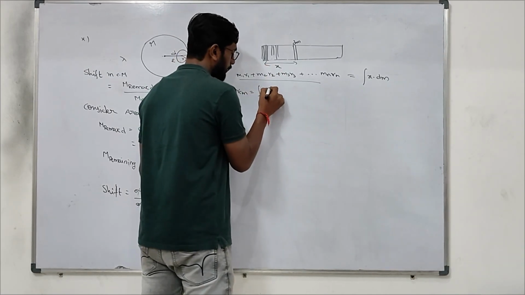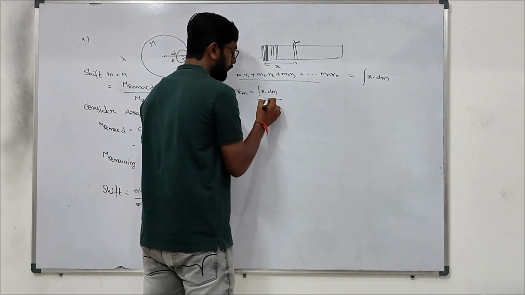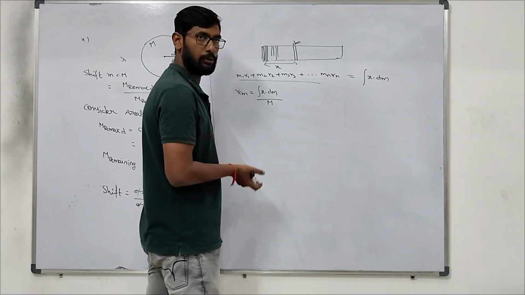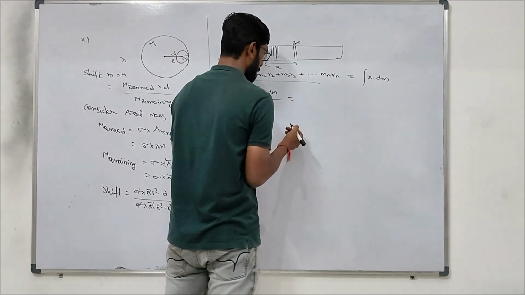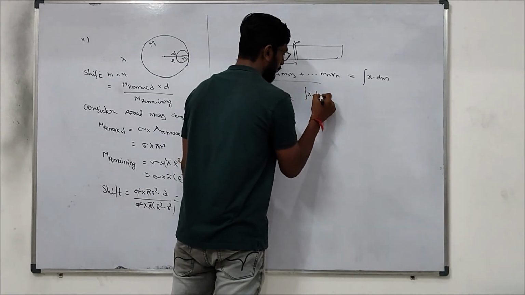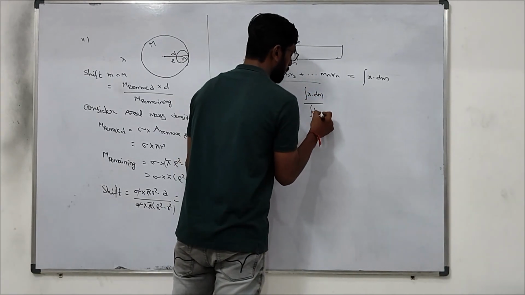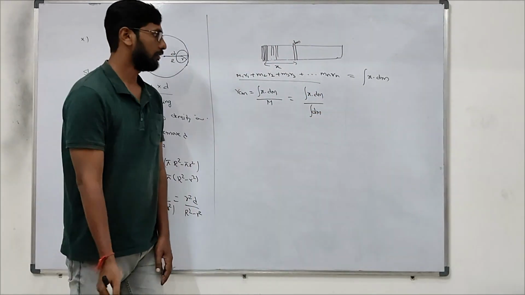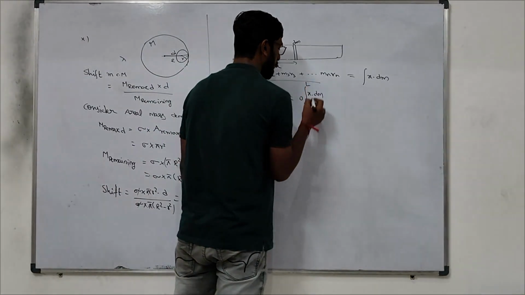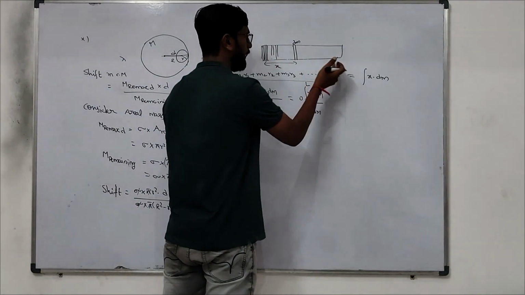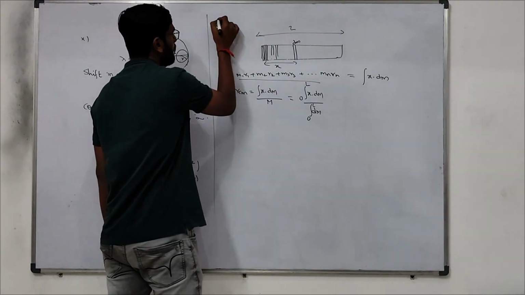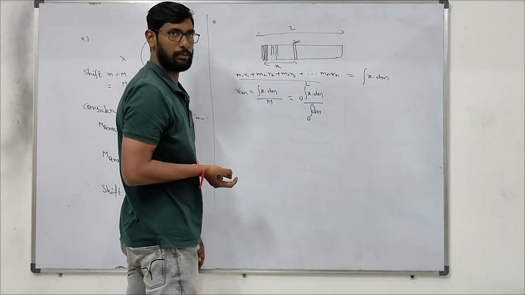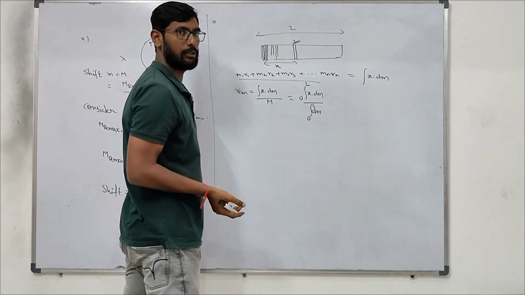So integral x dot dm by total mass. If you don't know the total mass, again it is integral x dot dm by integral dm, right? So this is 0 to L. Suppose the length is L. So this is the method to find the center of mass of an extended body.